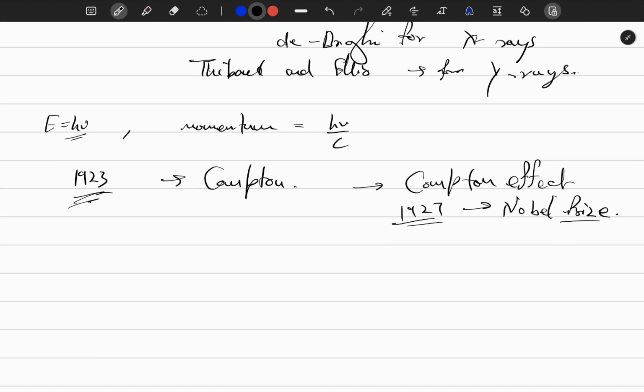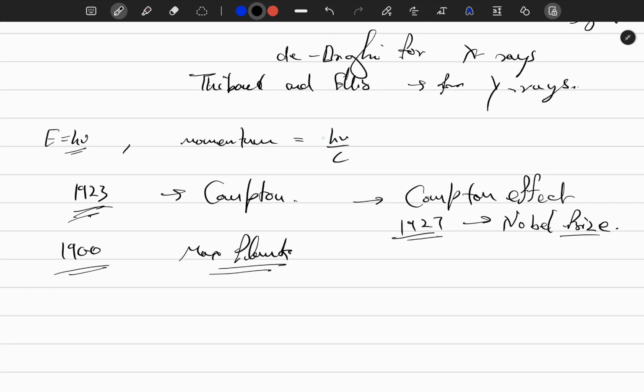It may be mentioned here that in 1900 Max Planck had put forward his famous theory of black body radiation, after whom h is called Planck's constant.